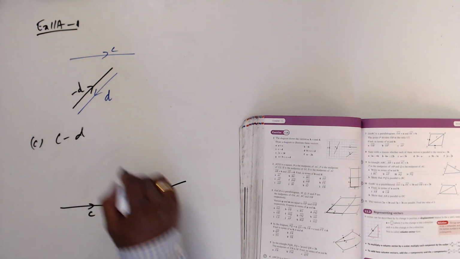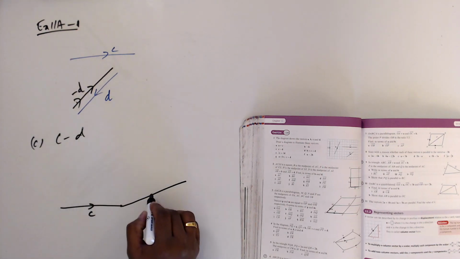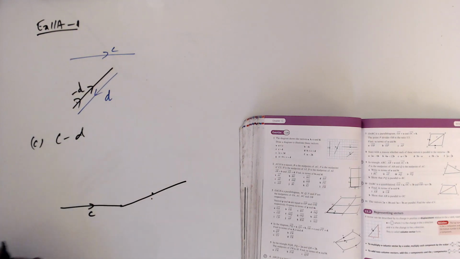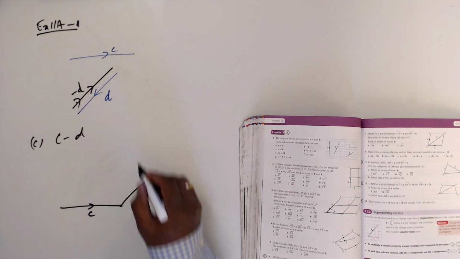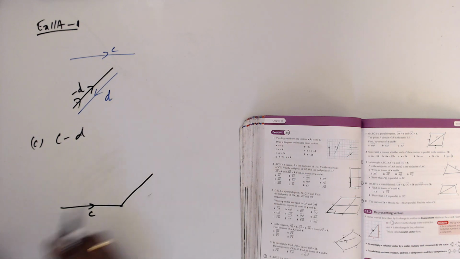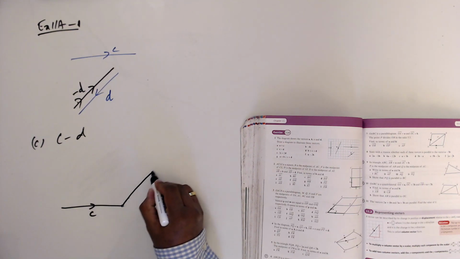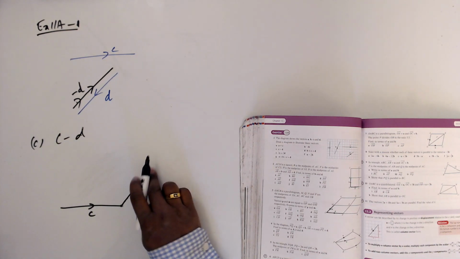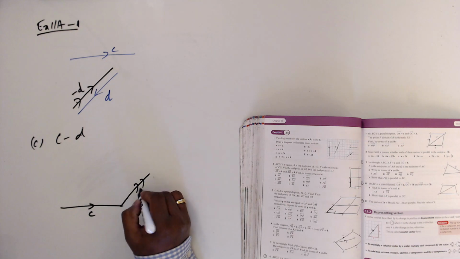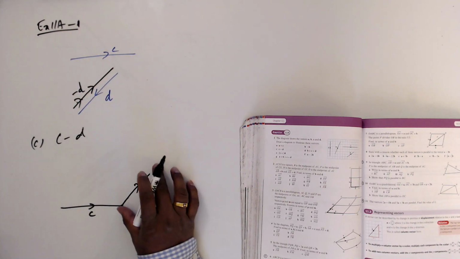Now this is wrong. Why? This one and this one are not parallel. So it has to be parallel. Nearly parallel. No. Yeah, so it is parallel now, those two. How about the size?